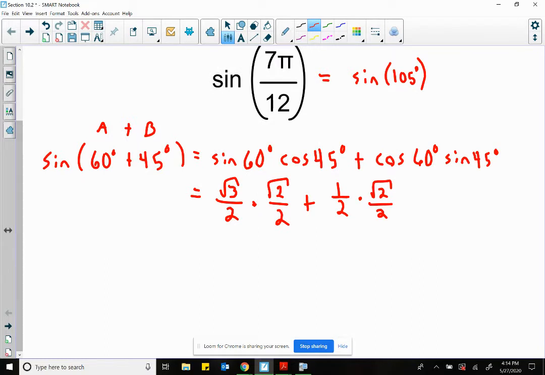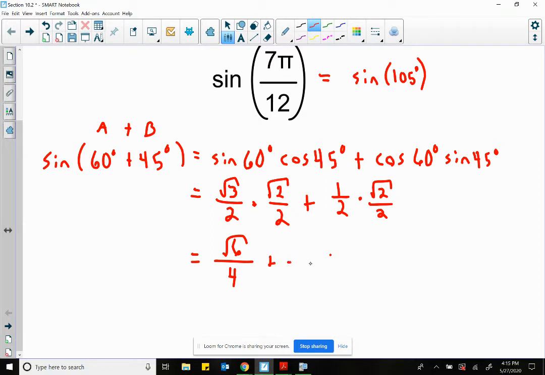Okay? All right. So all that we're going to do now is put our fractions together into one giant fraction as a whole. When I multiply, just multiply across the top. Square root of 3 times the square root of 2 gives us the square root of 6. 2 times 2 is 4.